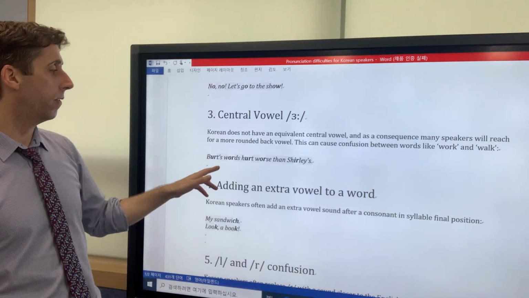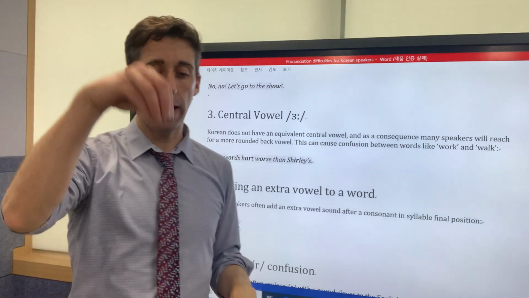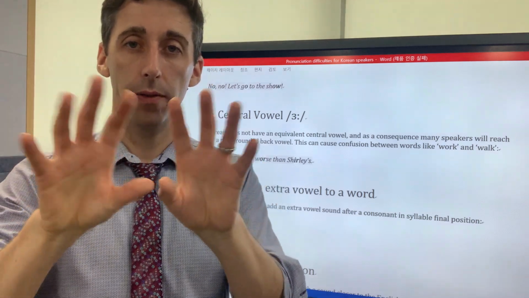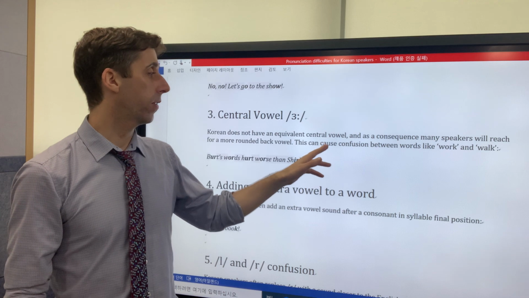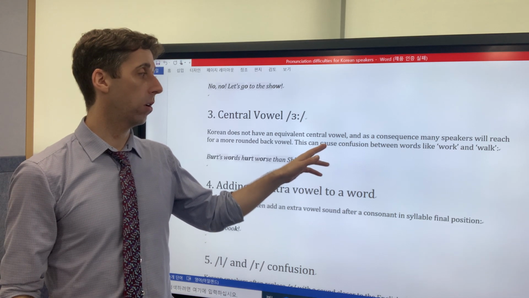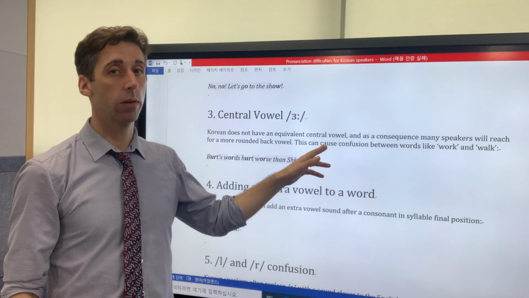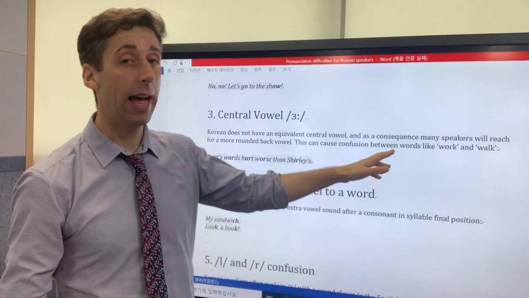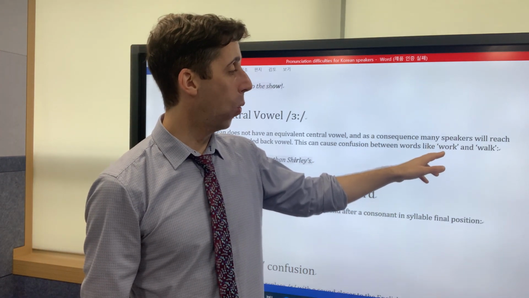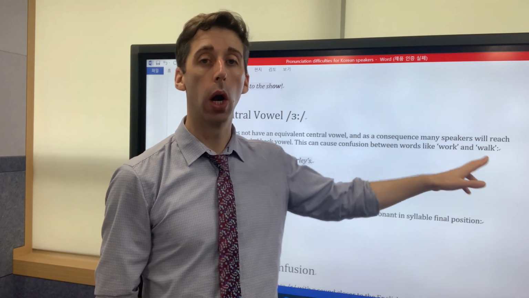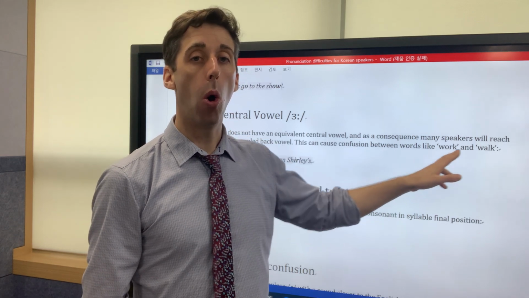And the central vowel is a vowel in the middle of the word, okay? Again, it's a little bit difficult for Korean speakers. For example, last week, the student asked, what is the difference between work, walk, work, walk?